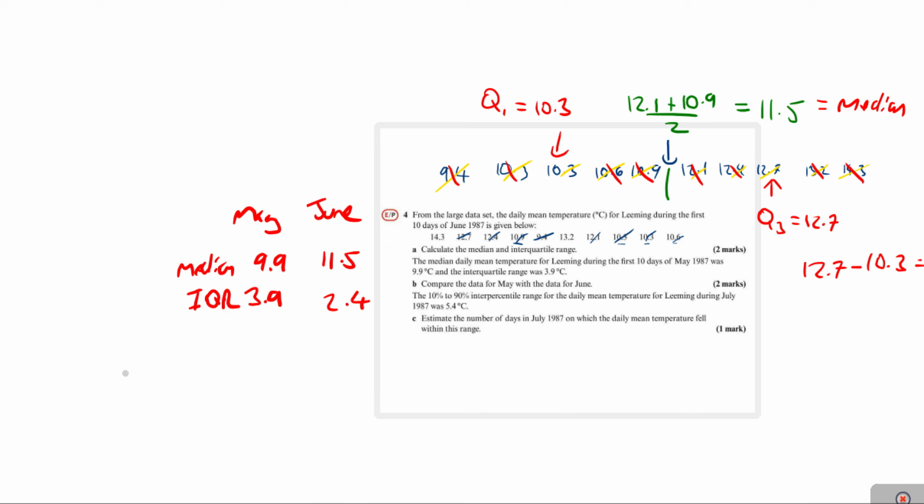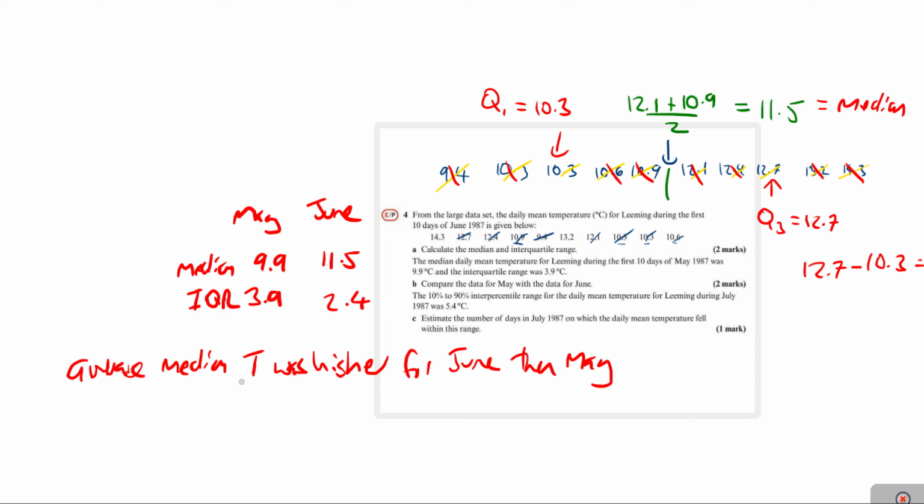You just compare the median and then compare the interquartile range. So for June, the average median temperature was higher. Use the full English language here, obviously; I'm just shortcutting it for time. So the average median temperature was higher for June than May.